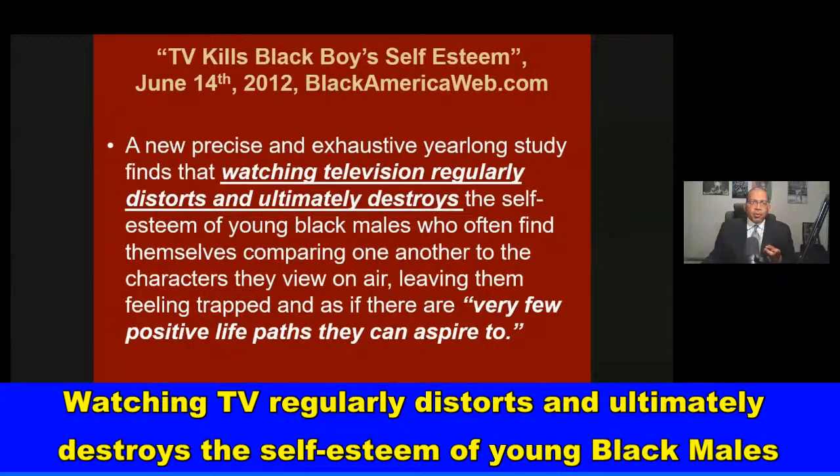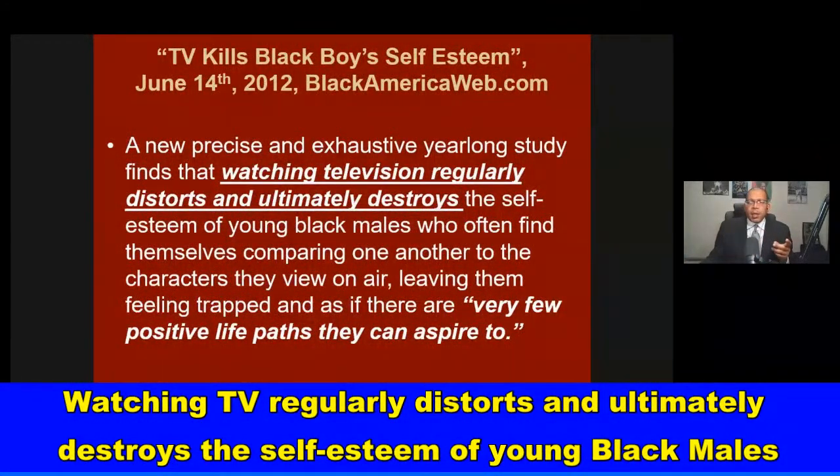Now, this article here from blackamericaweb.com from 2012 dealt with a study that showed how TV watching kills Black boys' self-esteem. Excessive TV watching kills Black boys' self-esteem.